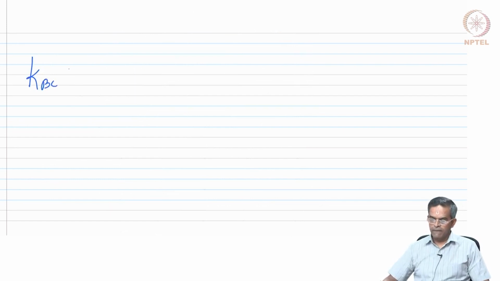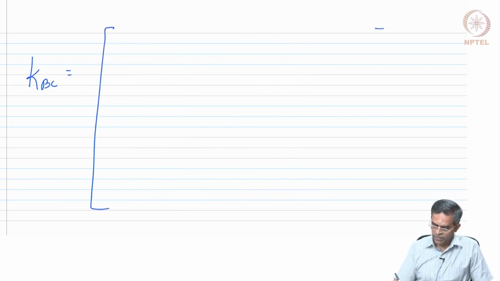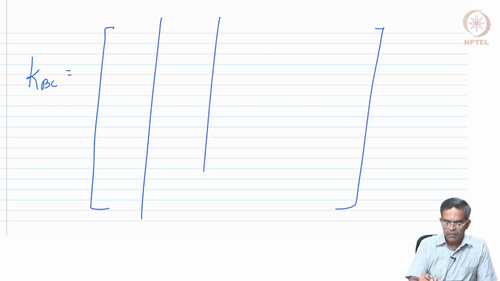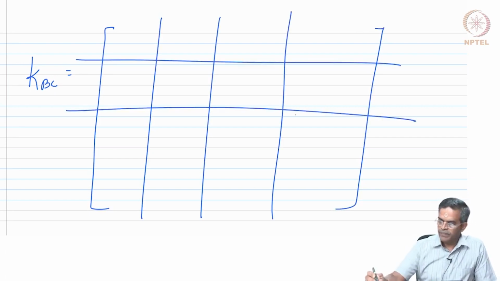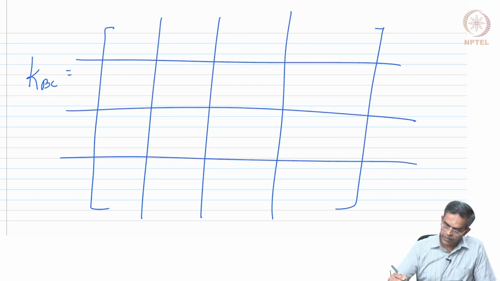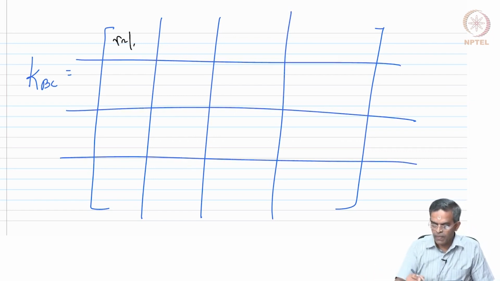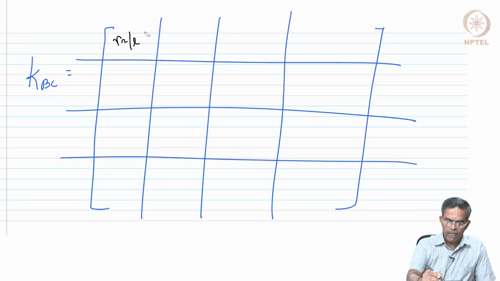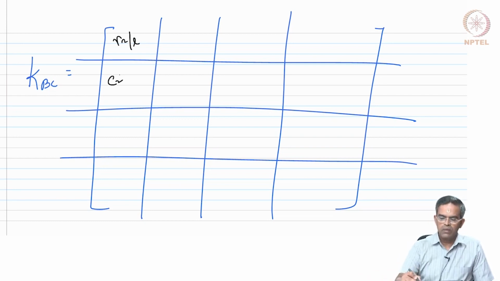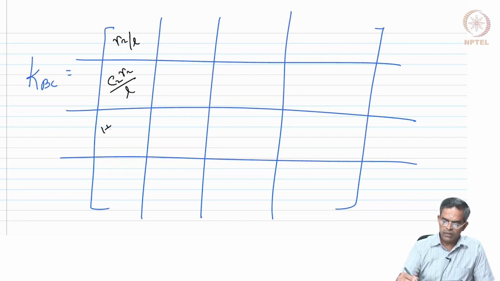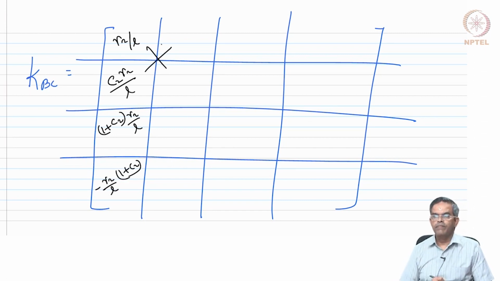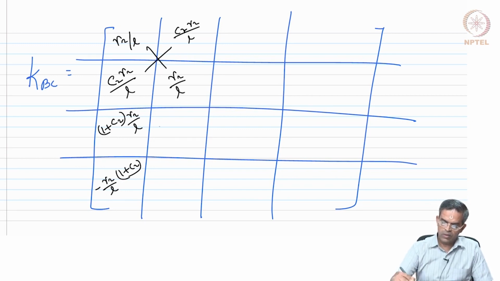Then for the member BC, let me do it on the next page. K of BC: R2 by L, where L is the length of the member, C2 R2 by L, 1 plus C2 R2 by L, minus 1 plus C2, then it is crossed.